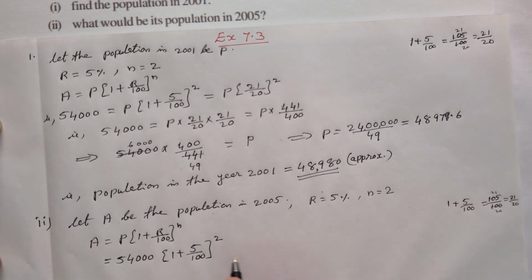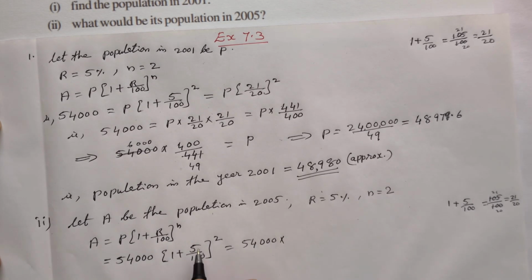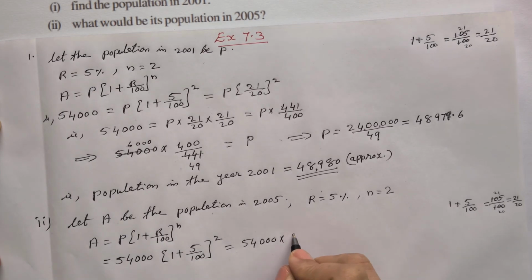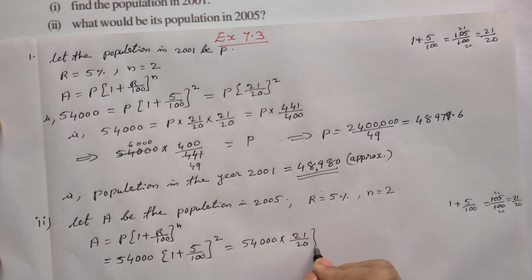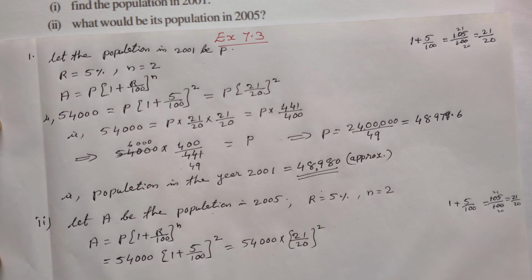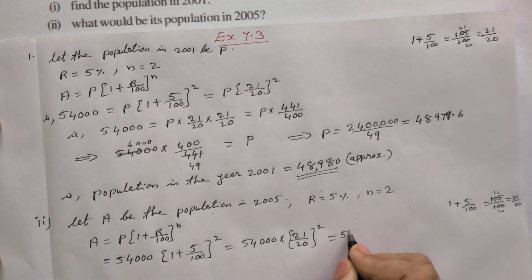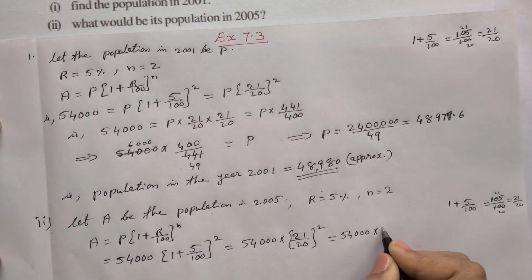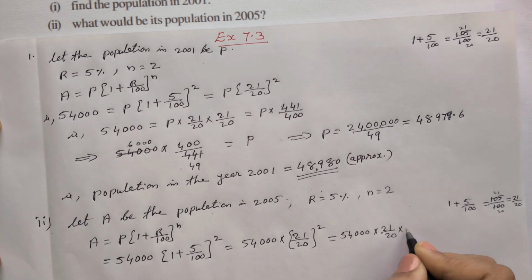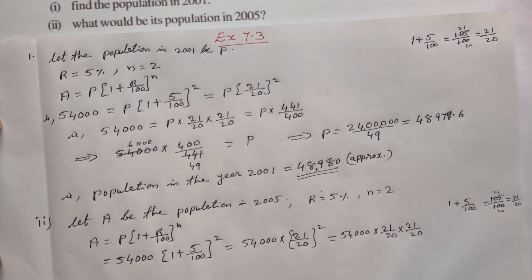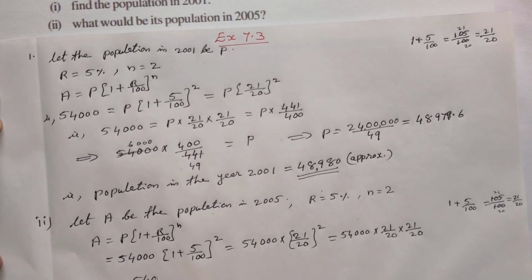So this we can write as 54,000 into, in place of 1 plus 5 by 100 we can write as 21 by 20, 2 times, which means 54,000 into 21 by 20 into 21 by 20. Again that is equal to 54,000 into 441 by 400.